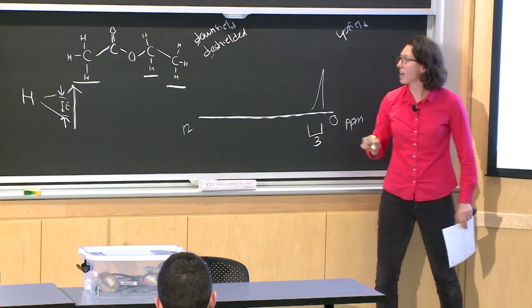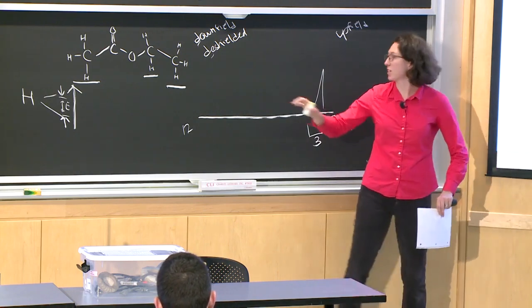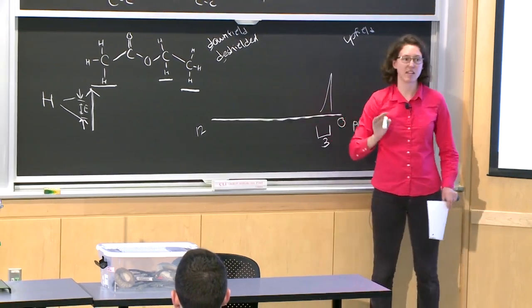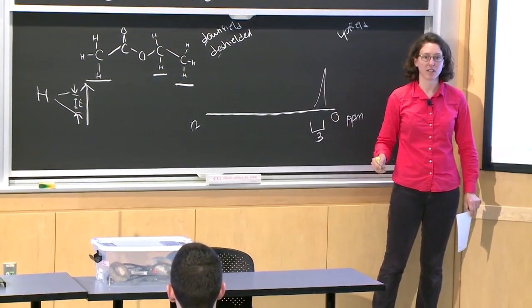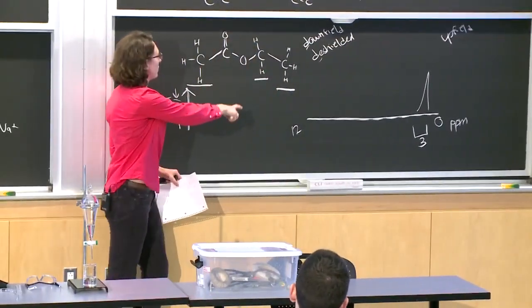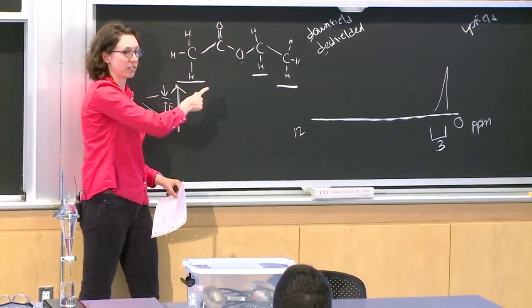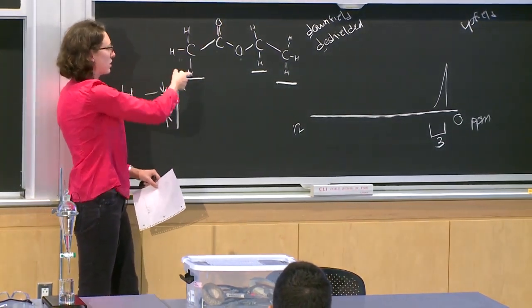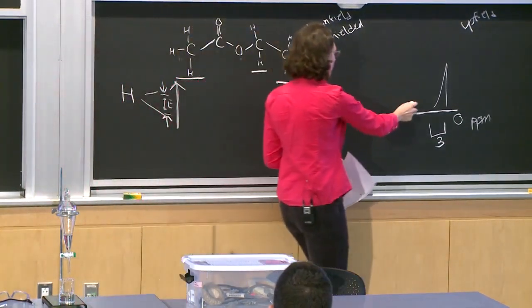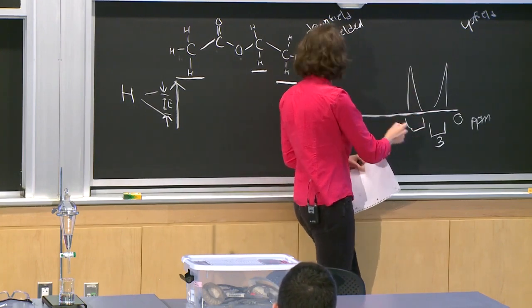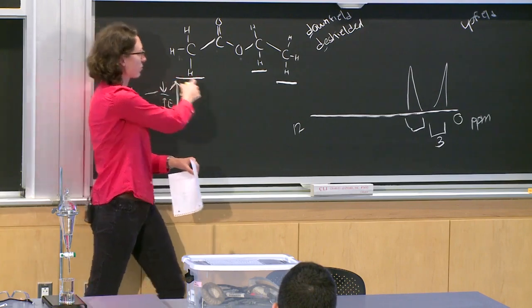All right, so if we look at the remaining 2 groups, which one do we think would be the middle, or all the way on the left? So these protons here are right next to an oxygen, so they're going to be more deshielded, and these have a carbon in between. So these will be our next signal. So then we'll have another signal here. How many protons? From this group, 3.